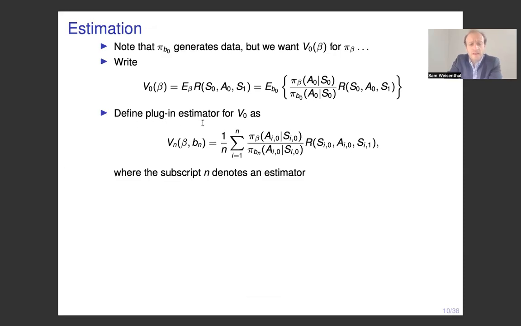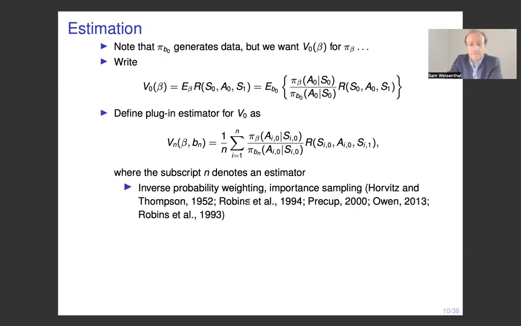We'll define a plug-in estimator for this value as Vn, where the subscript n denotes an estimator. We're going to make this outer expectation empirical, and we're plugging in for the behavioral policy as well. Again, the subscript n denotes an estimator. So we can estimate this from the observed data. We observe everything in this expression.